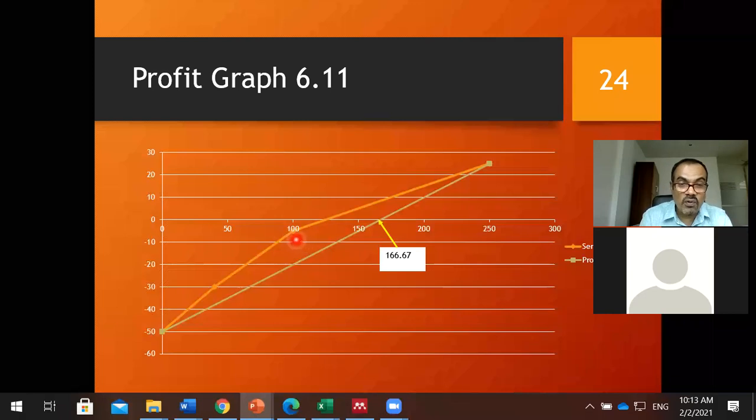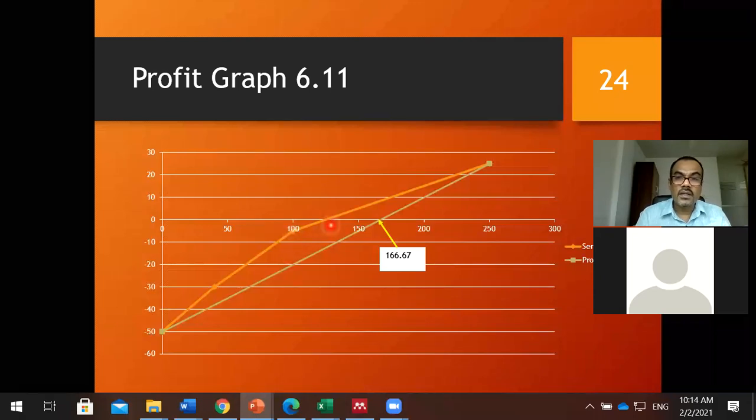So that is why the yellow line tells you that you are still in a disadvantaged position. You are not at break even. If the company disregards the product mix and produces only Y and Z, it still ends up with a loss.